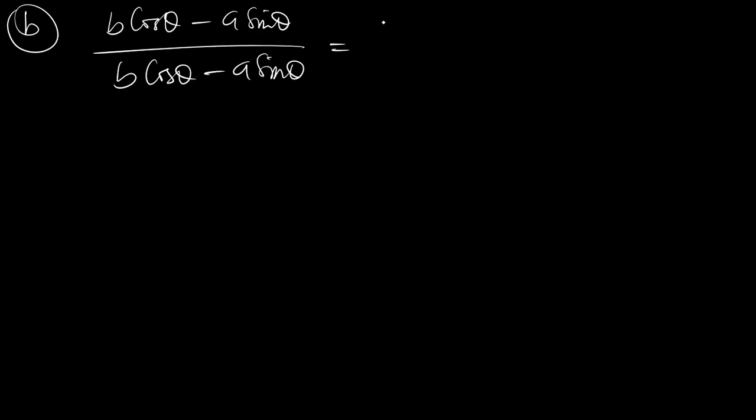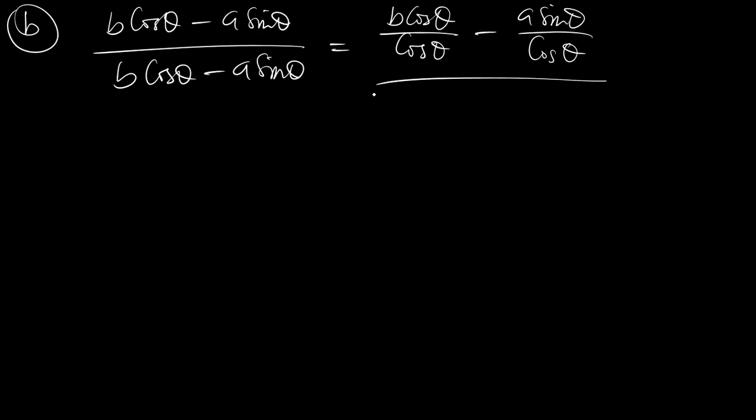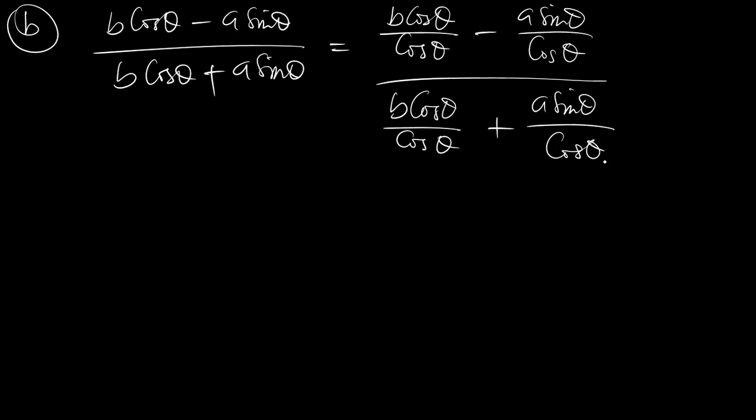Divide the numerator and the denominator by cos theta. So we have B cos theta divided by cos theta minus A sin theta divided by cos theta, all divided by B cos theta divided by cos theta plus A sin theta divided by cos theta.